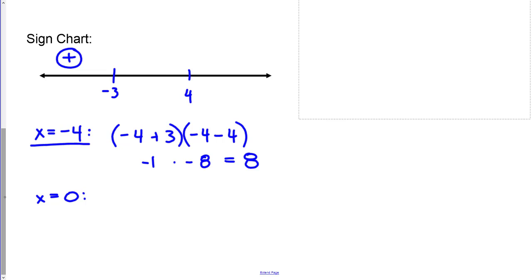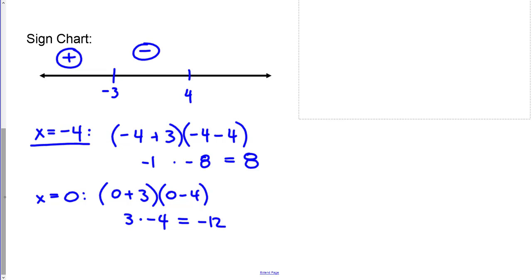If I plug 0 in, then the factor x plus 3 is 0 plus 3, and the factor 0 minus 4, I end up with 3 times negative 4. The result of which is negative 12, but again, it only matters that it's a negative number. So everything on that interval is going to be negative or below the x-axis.